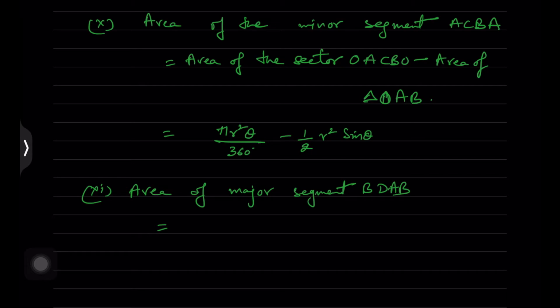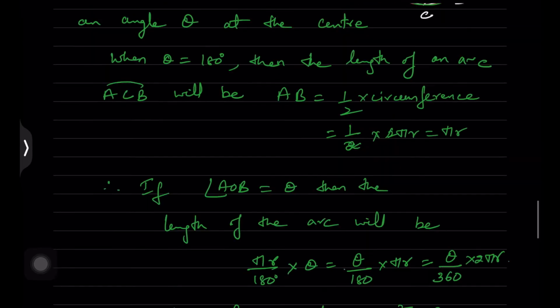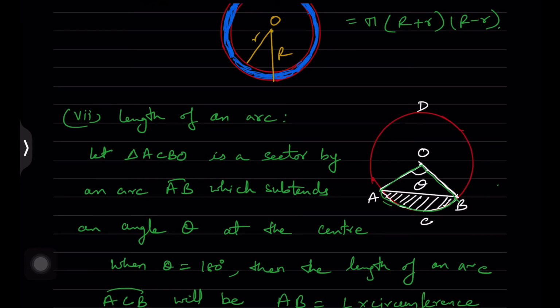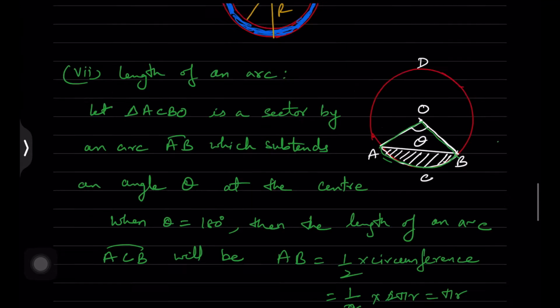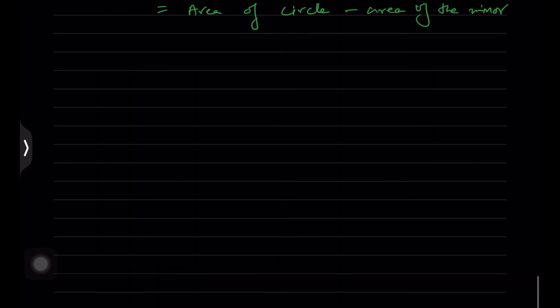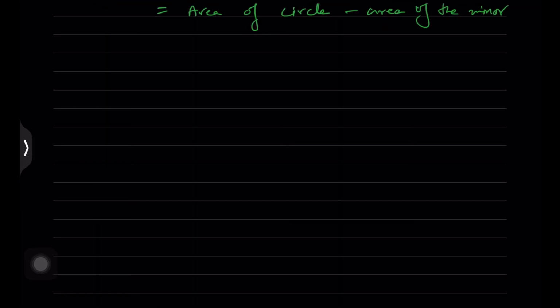So that is the area of the circle minus the area of the minor segment. You know the area of the circle is pi r square, and we just wrote the area of the minor segment. If you remove the minor segment from the area of the circle, you get the major segment.